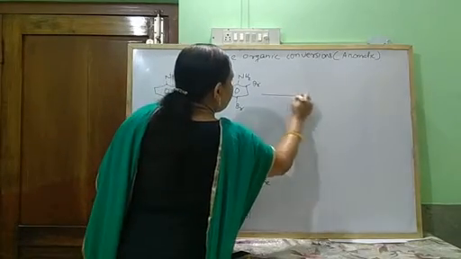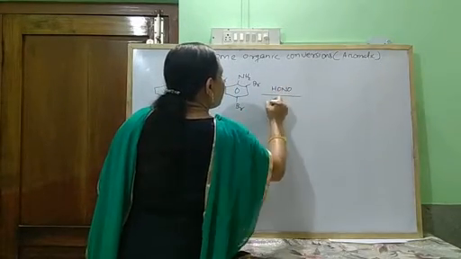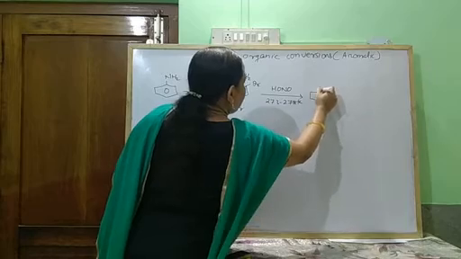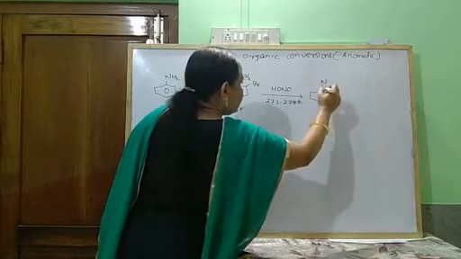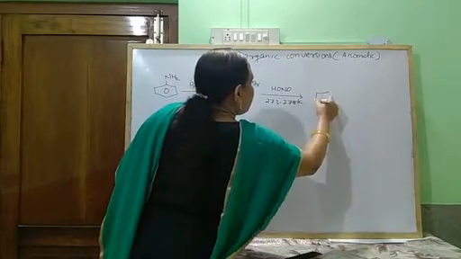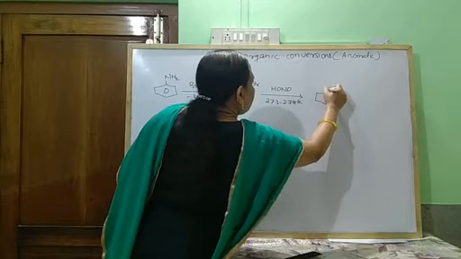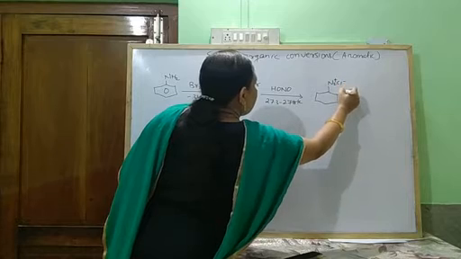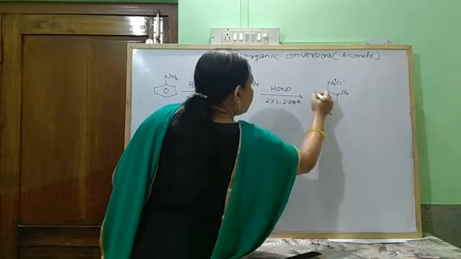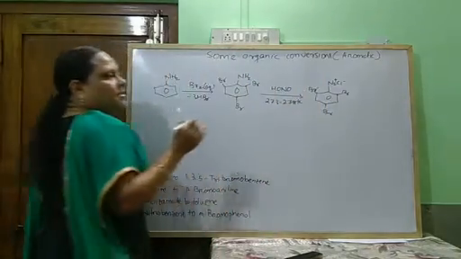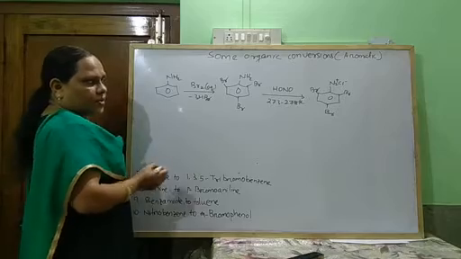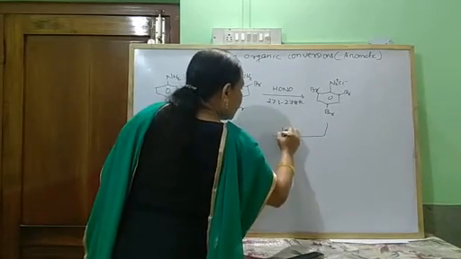And this, when treated with nitrous acid at 273 to 278 Kelvin, forms N2+Cl-, that is 2,4,6-tribromobenzene diazonium chloride.